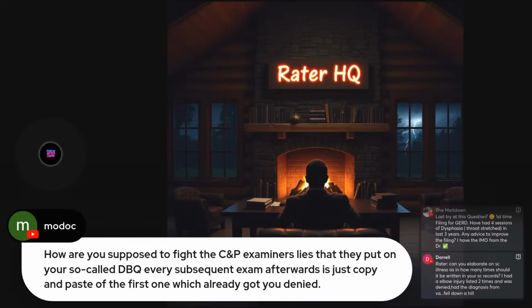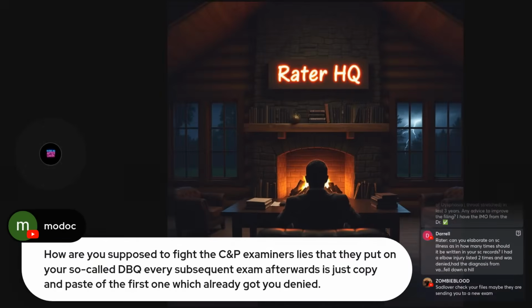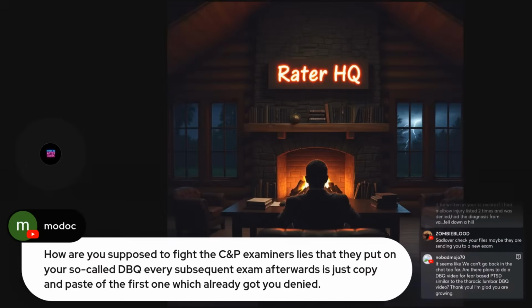So, how are you supposed to find C&P examiners' lies that they put on your so-called DBQ? Every subsequent exam afterwards is just a copy and paste of the first one, which they already got you denied. Modoc, how I do this is I figure out who did the exams previously and get a new set of eyes for it.